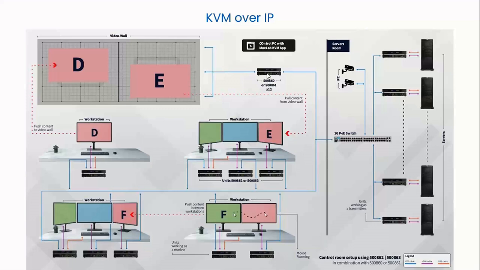So that AV over IP product, again, is a transceiver like the KVM over IP product is. So you have both a transmitter and receiver operating simultaneously. So I can have source AV over IP devices connected, and I can have the video wall connected to the receiver end or the decoder end of the product.